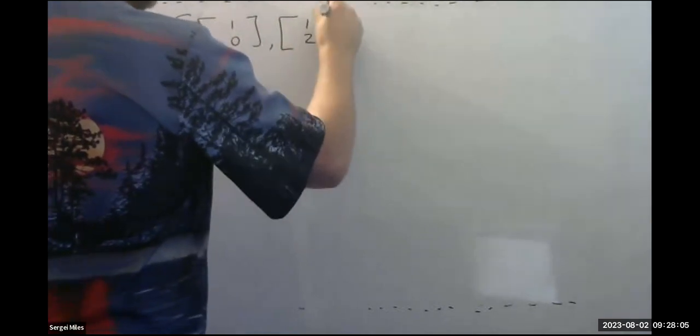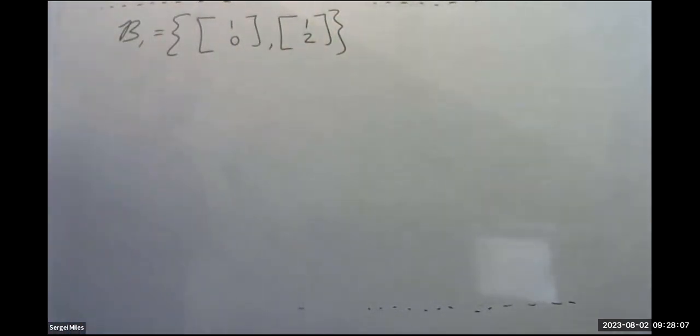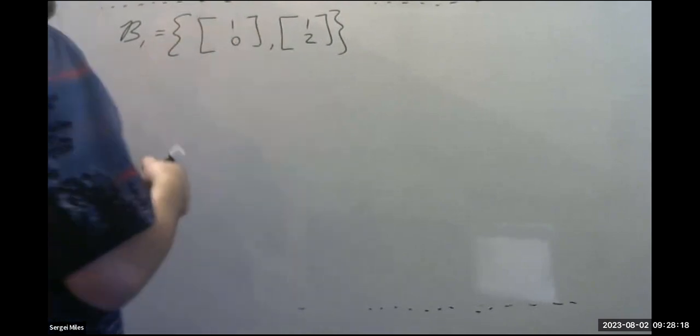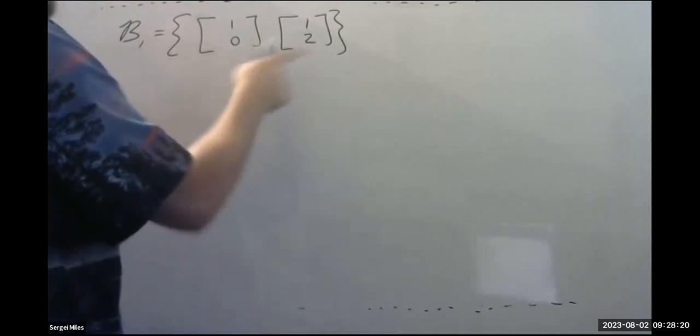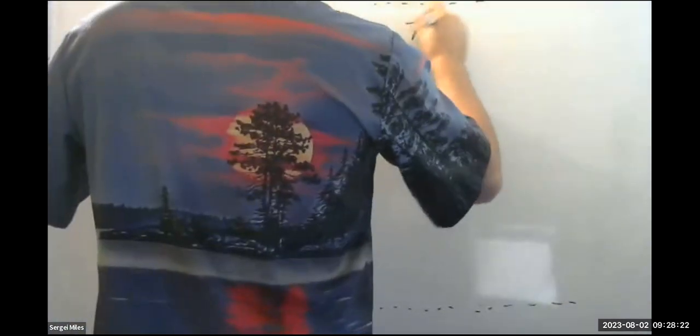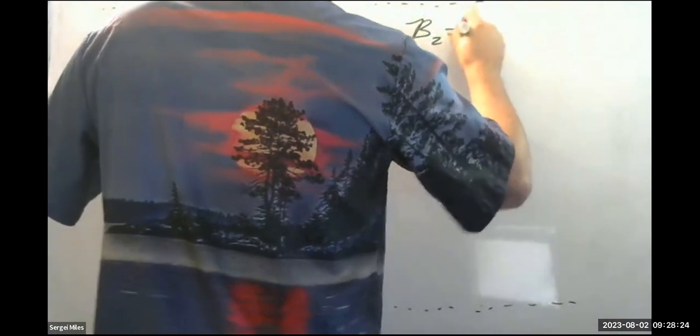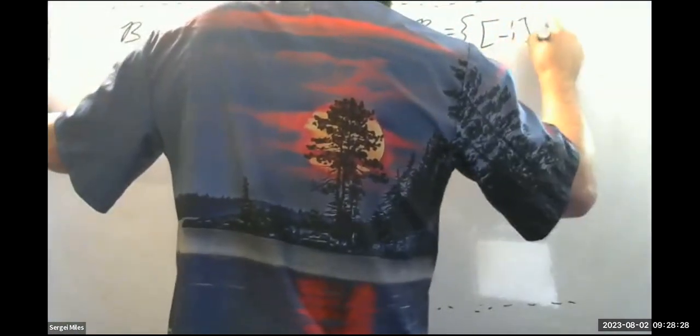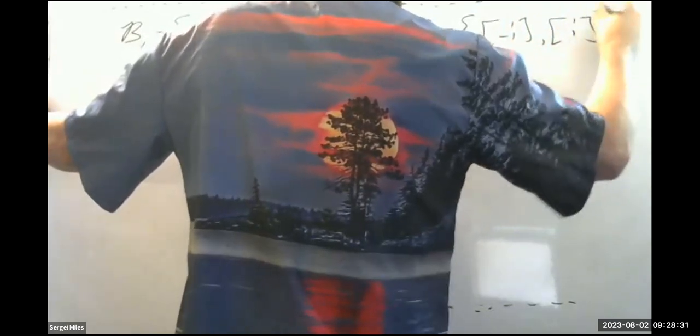And again, I'm doing this in the two-dimensional case just for the sake of ease. But the way you solve this in 3 dimensions, 4 dimensions, 5 dimensions is the exact same problem, right? So let B1, basis 1, be this set of vectors. And let's let basis 2 be the set of (1, -1) and (1, 1), right?